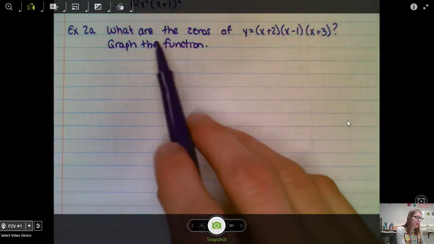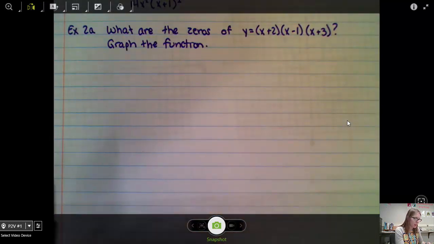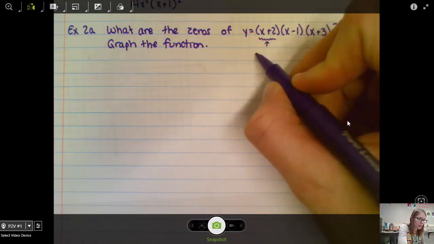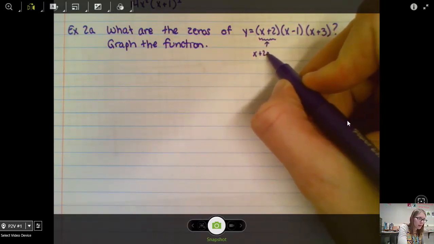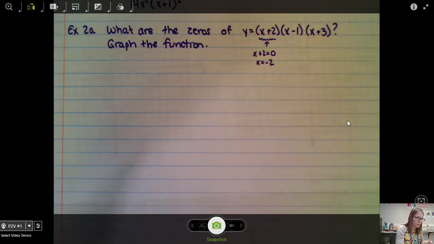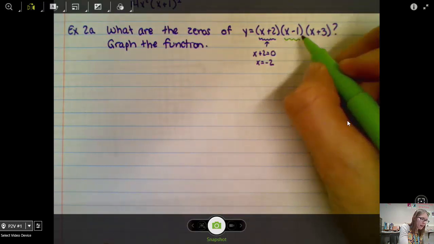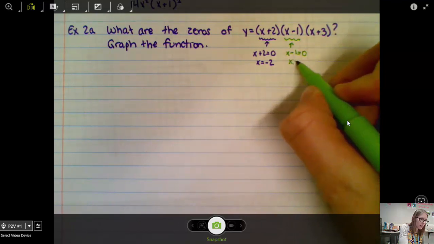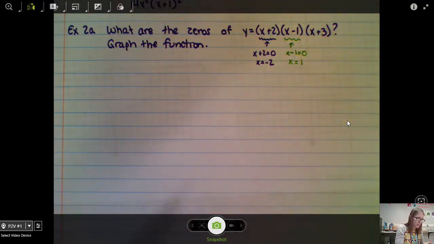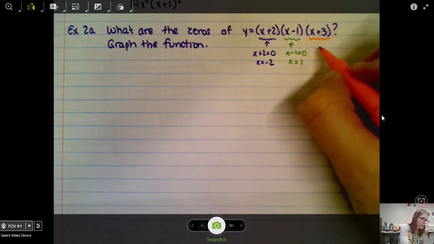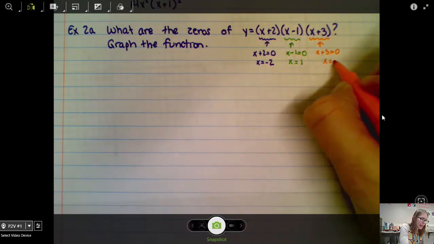information. First, to find our zeros, just like with our quadratics, we want to find when each factor equals 0. So x plus 2 equals 0 when x is negative 2. X minus 1 equals 0 when x is 1. And x plus 3 equals 0 when x is negative 3.